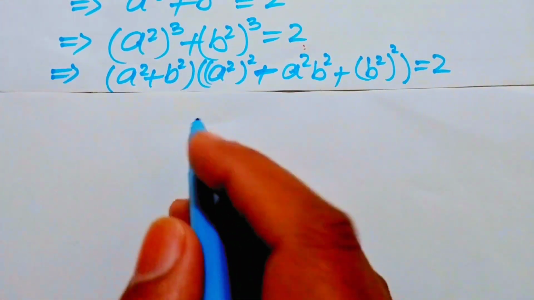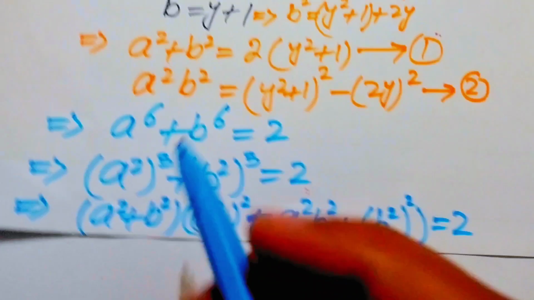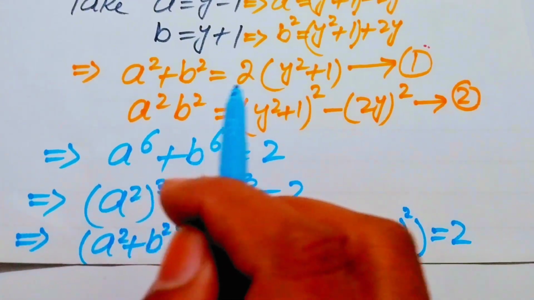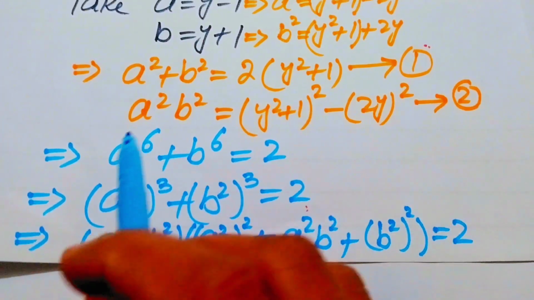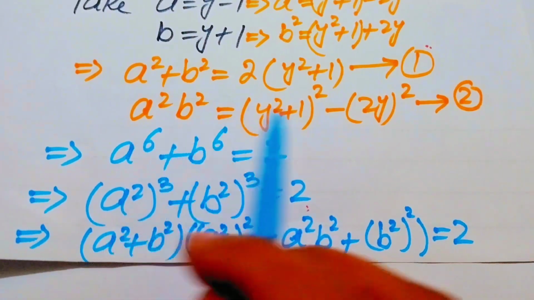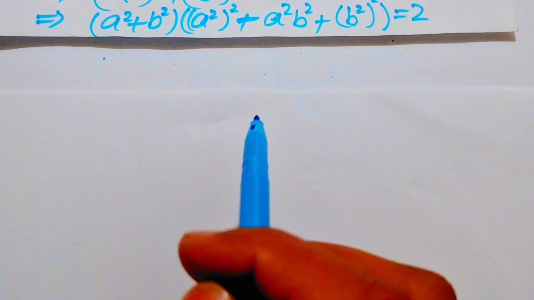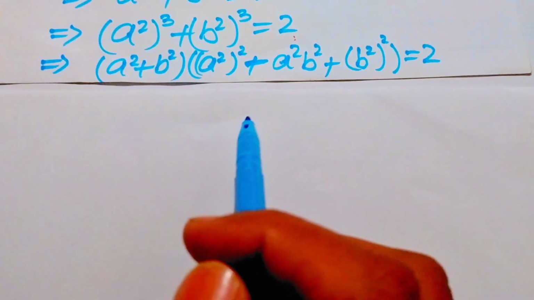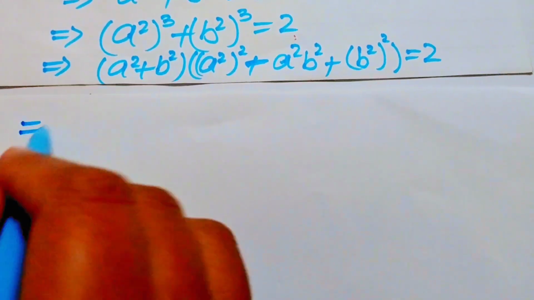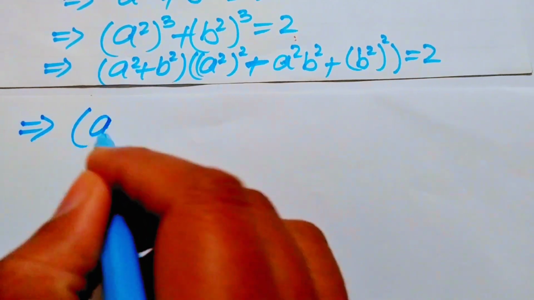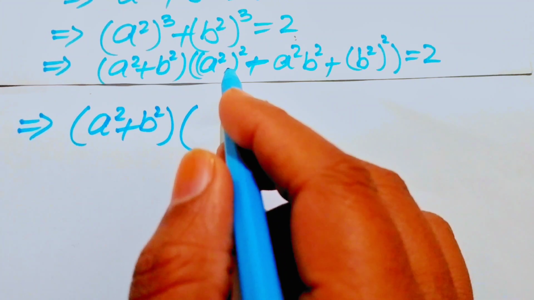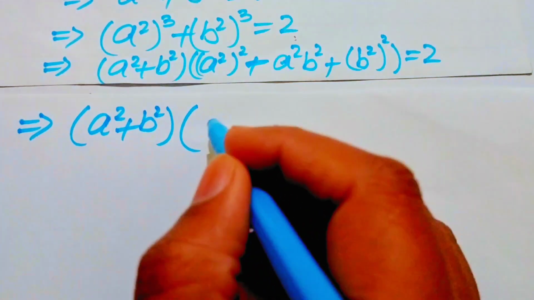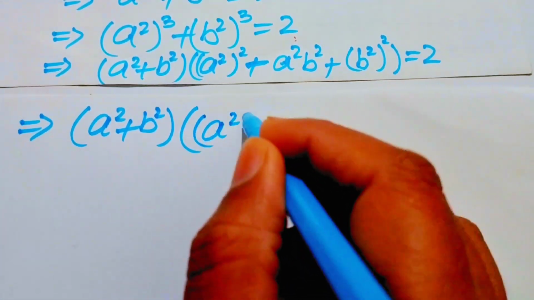And now from equation number 1, you see here we have the value of a square plus b square equals to 2 times of y square plus 1, and the value of a square times b square is this one. So we use these two values here, and we write this equation as a square plus b square into here we obtain this value as a square and its whole square.